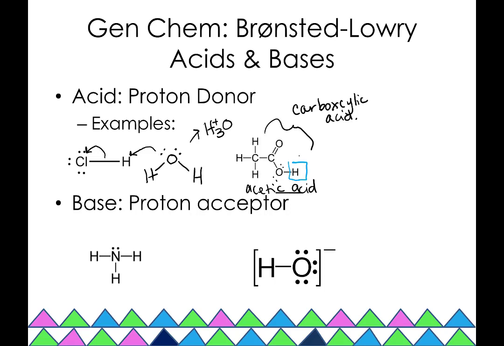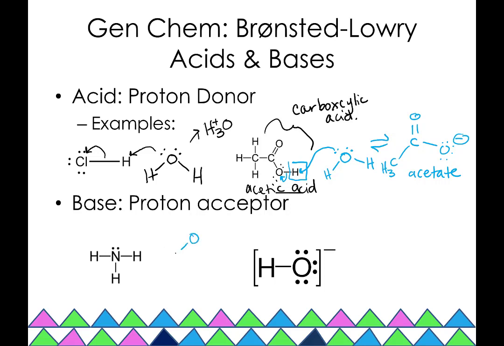So this is our acidic proton. And when water comes in, you can take one of these protons and then these electrons go on to the oxygen. And we form the conjugate base.